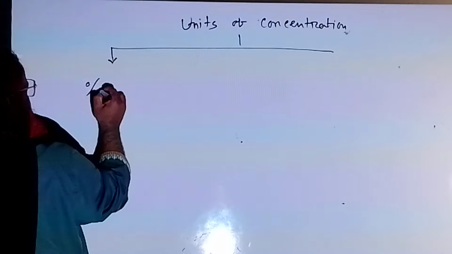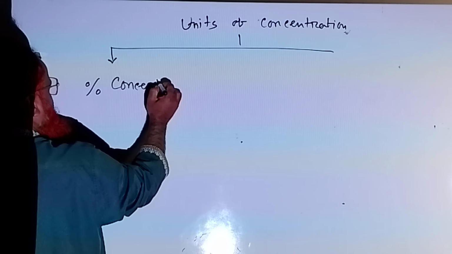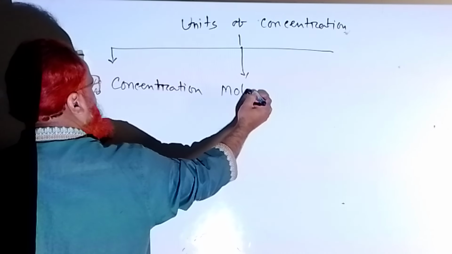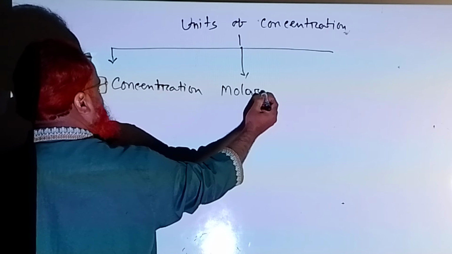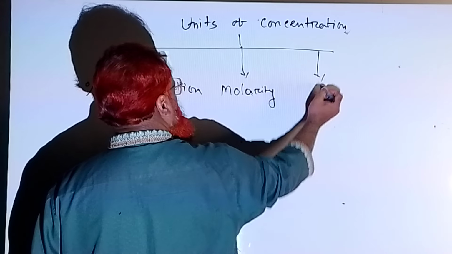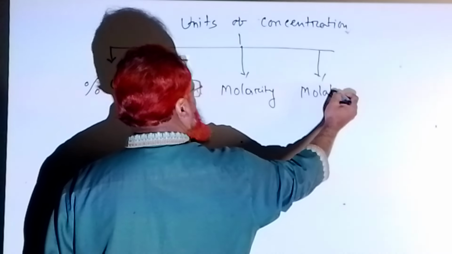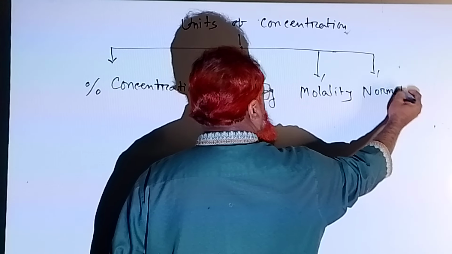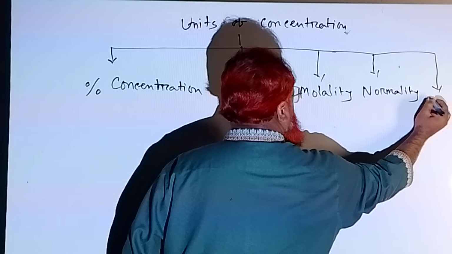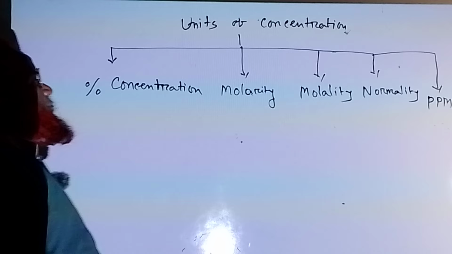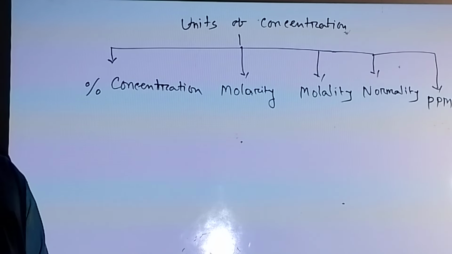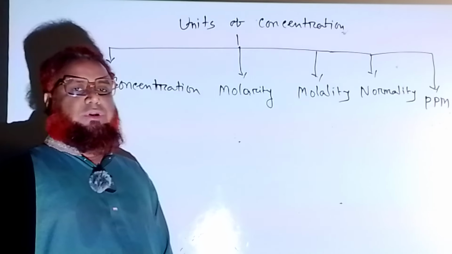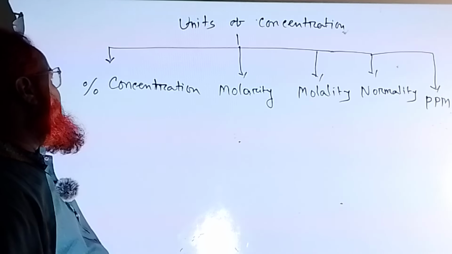Usually we use percentage concentration, then we use molarity, then molality, then normality, then we also use ppm. Now my dear students, these are the usually used units for measuring concentration for the calculation of chemistry, especially in our quantitative chemistry.